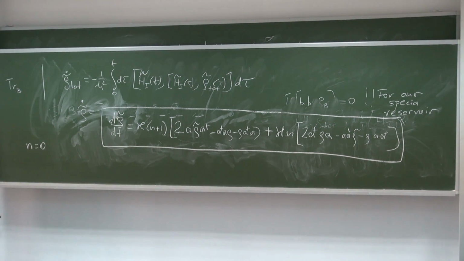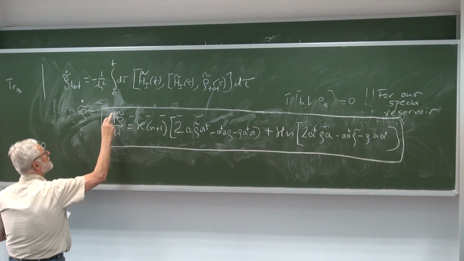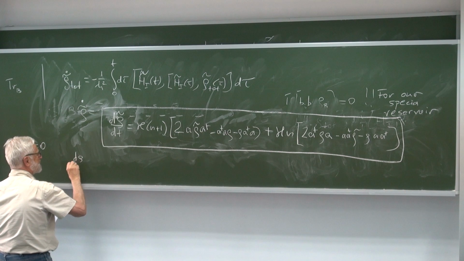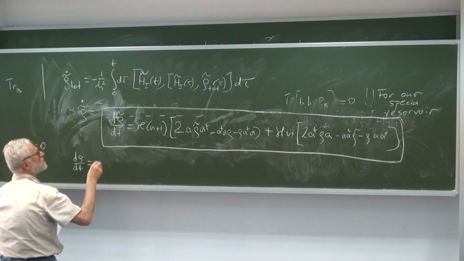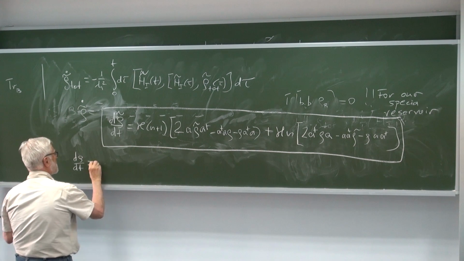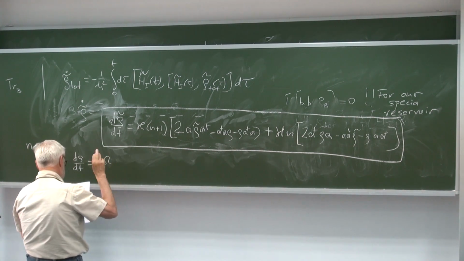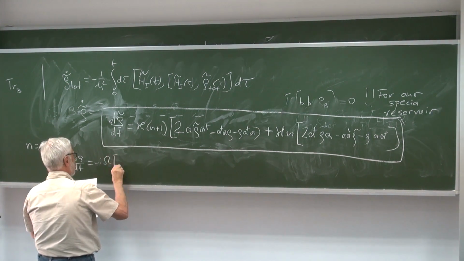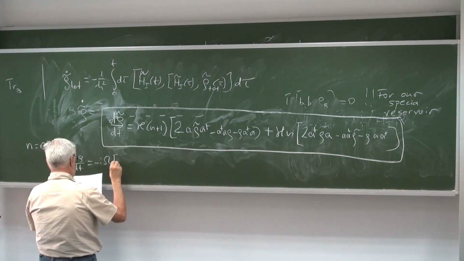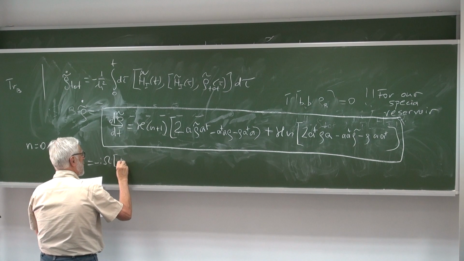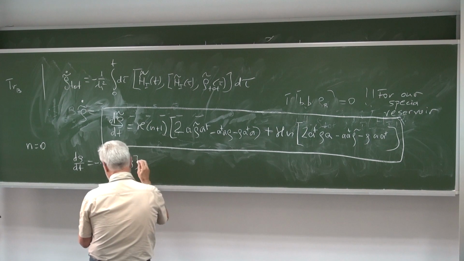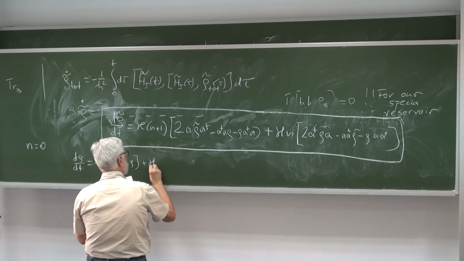I have in the notes that you've got already a week ago, I have it not in the interaction picture, but I even went back to the Schrödinger picture, and that is not very different. It only means that there are these i omega terms. By the way, in the notes they are little omega, but sorry. And it looks like this: minus i omega, A dagger A with rho. So this was missing here, but it's not a very relevant part, times kappa.